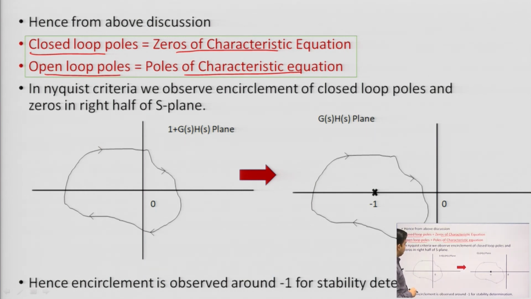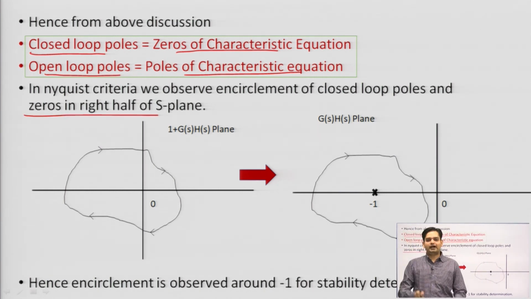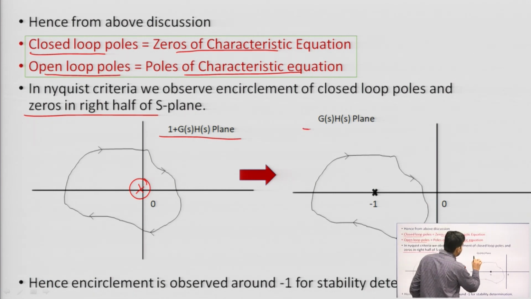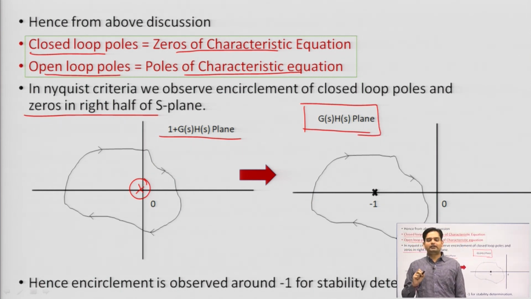Okay. So, in the Nyquist criterion we observe the encirclement of the closed loop poles and zeros in the right half of the S plane. So, we have to see how many poles and zeros are lying in the right half with the help of the concept of encirclement, right. So, here we are doing this for the 1 plus G(s)H(s) plane and we were observing the encirclement of the origin. So, to simplify it, I am converting it to the G(s)H(s) plane, right, because in the previous session we were doing this in the polar plot, we were mapping the S plane into G(s)H(s).